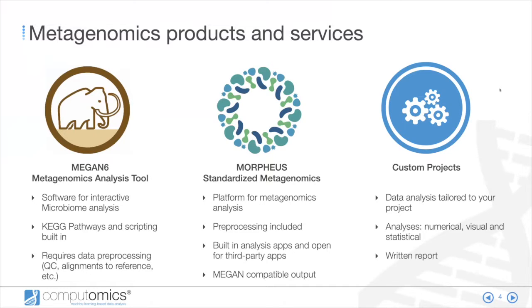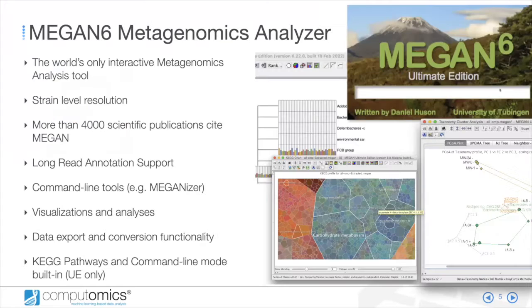On the very right-hand side, there's custom projects where we work with clients to understand their research question and then analyze their data for them, deliver a written report, and ideally this will then contain actionable results that our clients can use. But today we're going to focus on MEGAN6.